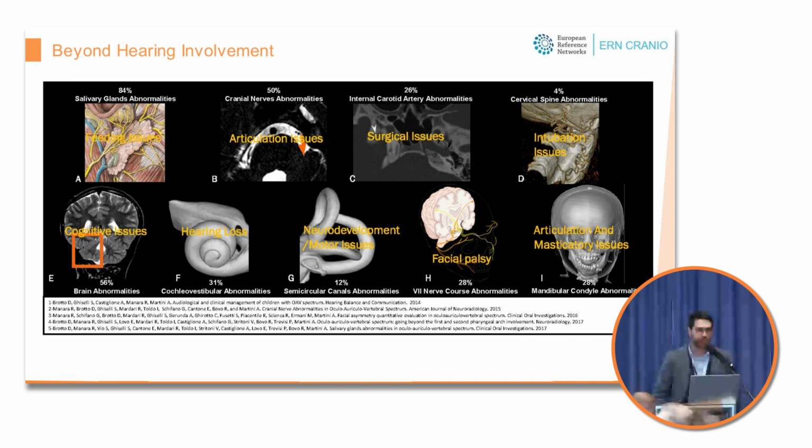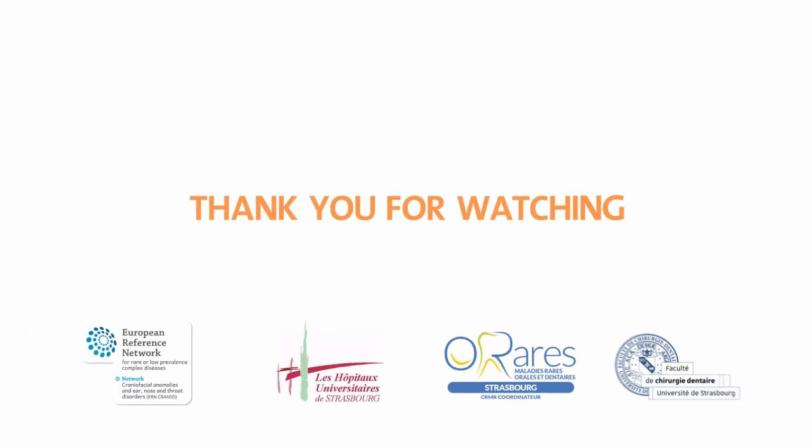Also, the observation of malformation within the brain may be related to cognitive issues, and the abnormalities in the vascular system can be useful to understand in order to better plan the surgery. And also the malformation in the spine can be an issue while dealing with the intubation of these kinds of patients before the surgery.